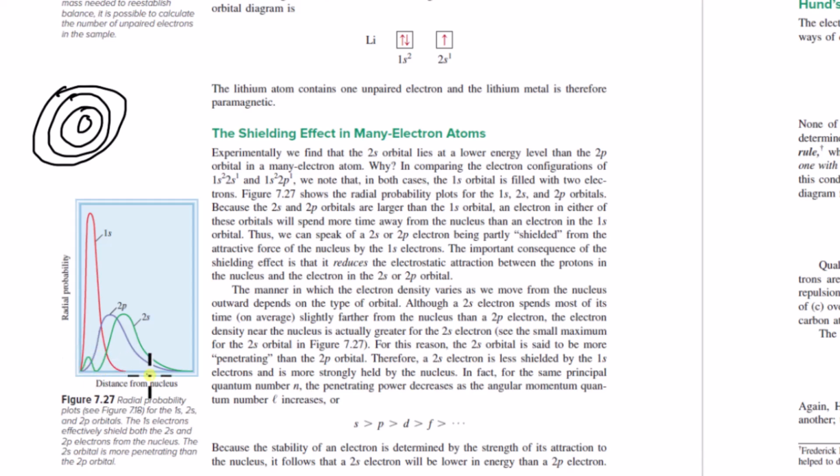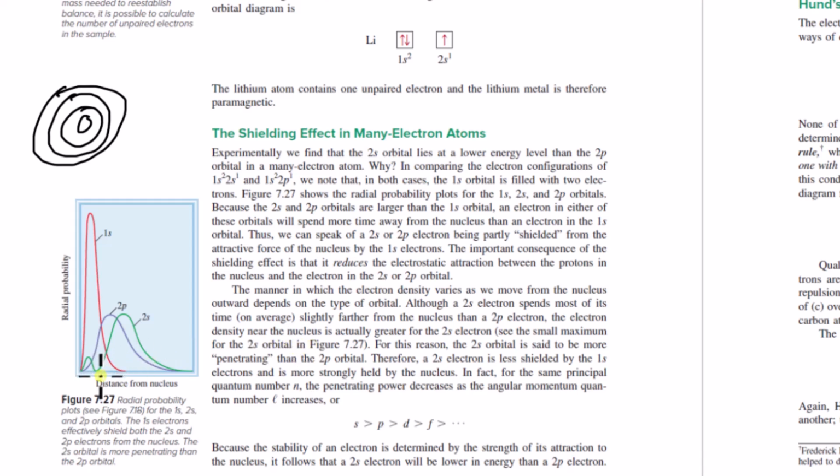If you averaged out the distance from the nucleus, the 2s electron does spend more time farther away, but this peak causes the electron density near the nucleus to be greater for the 2s electron.